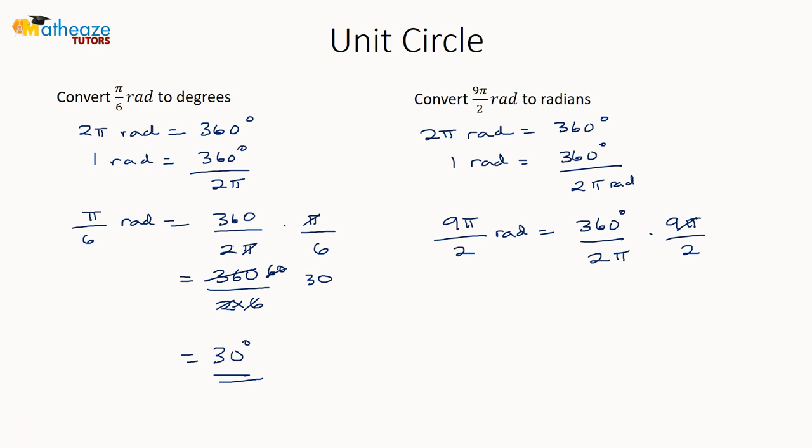So pi is going to cross out pi. 2 crosses out 360, we get 180. 2 crosses out 180, we get 90. So we're going to have 90 times 9, which is 810 degrees.